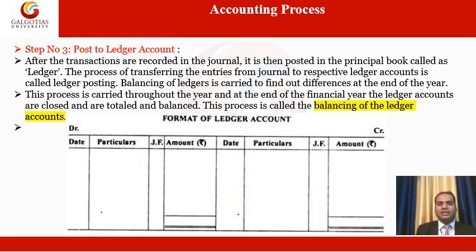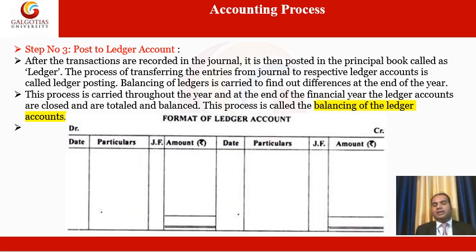Balancing of ledger is carried out to find the difference at the end of the year. This process is carried out throughout the year, and at the end of the financial year, the ledger accounts are closed and are totaled and balanced. This process is called the balancing of the ledger accounts.